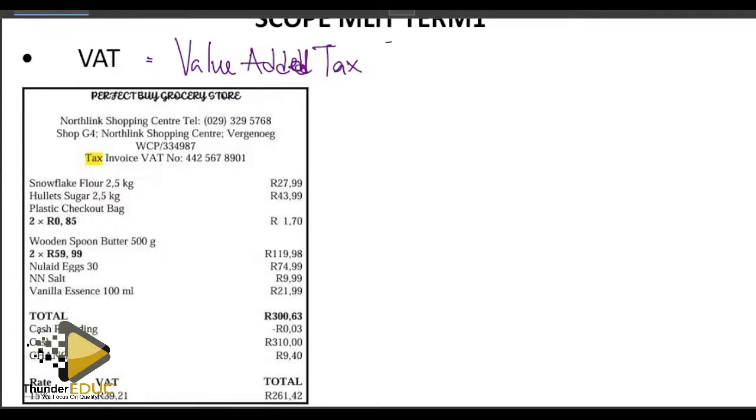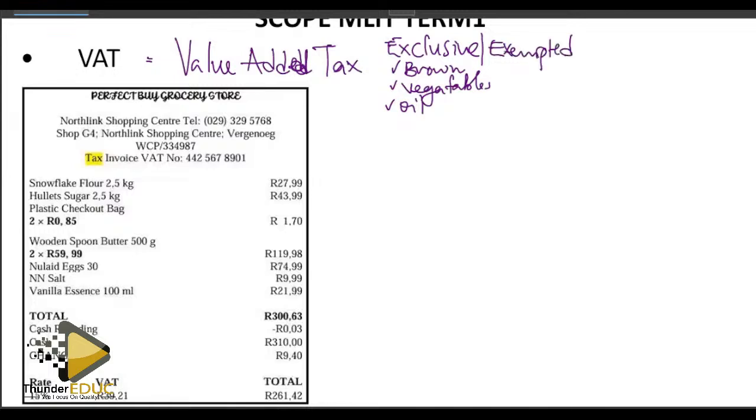Examples of items that don't have VAT, which we call VAT exclusive, are brown bread, fresh vegetables. I believe cooking oil, even though value has been added on, there's nothing much, all right? This one can also be called VAT exempted items. You understand? VAT is taken off of them, like they're exempted from VAT.